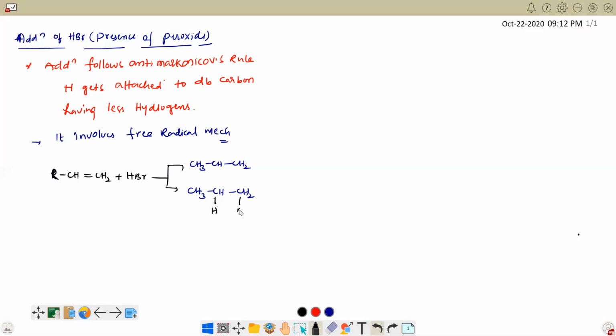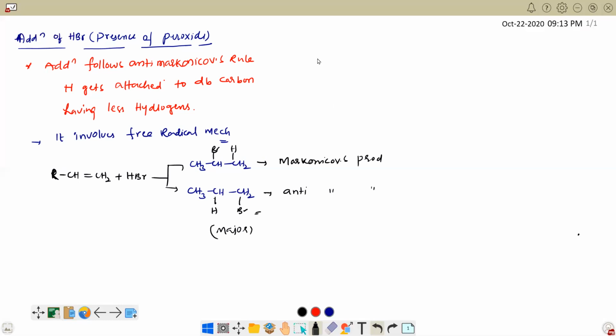This product looks like the Markovnikov product, and this is the anti-Markovnikov product, and in this case this is the major compound. Okay? Yes, sir. So it is the major product.